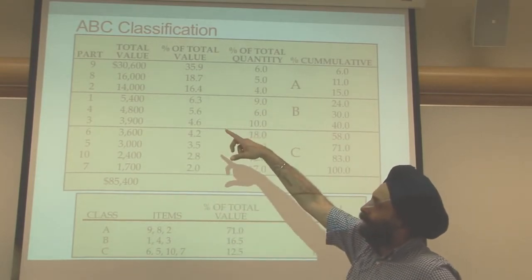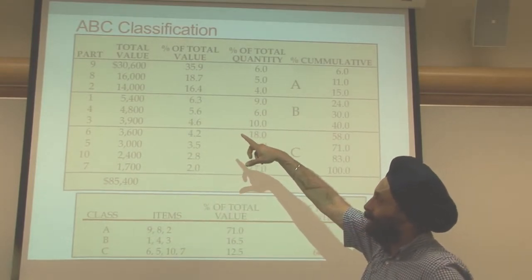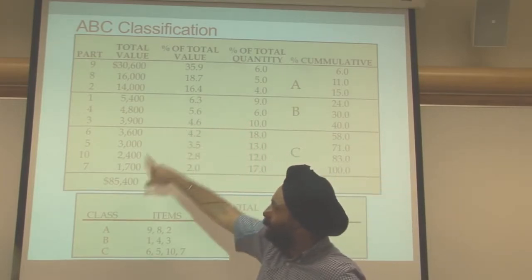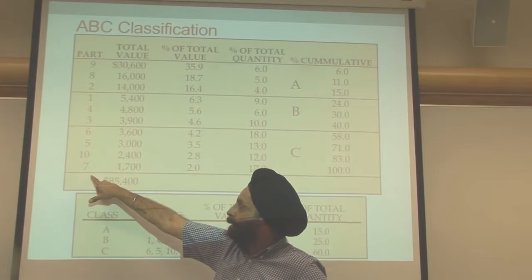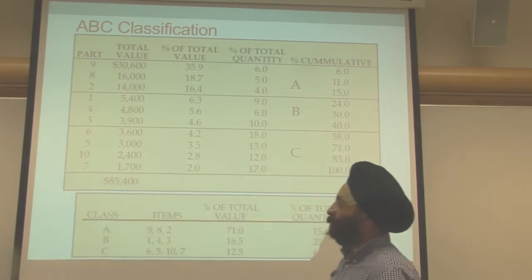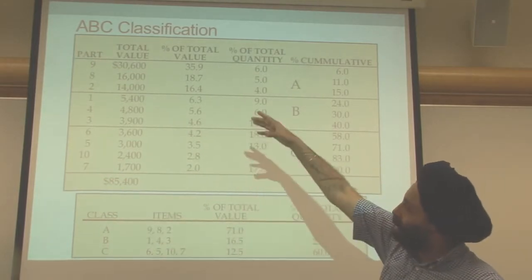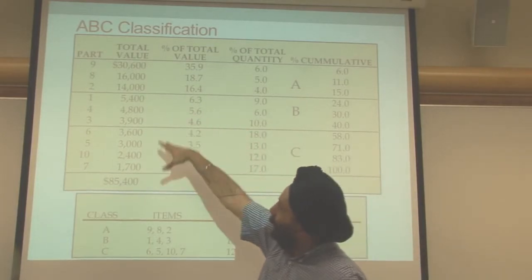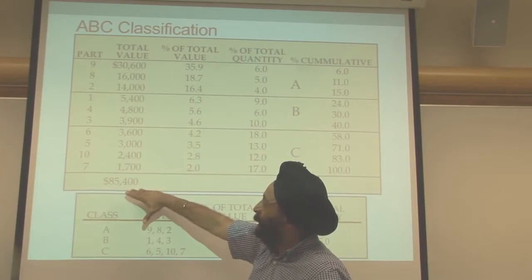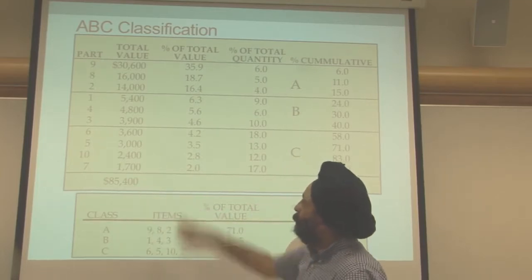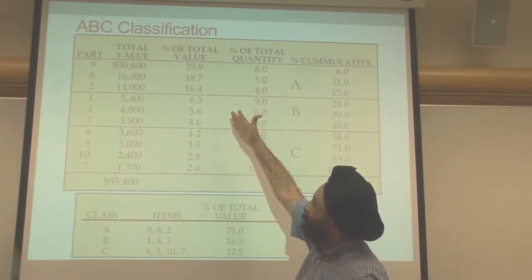Part number 9 has the maximum contribution, $30,600 out of $85,400, whereas part 7 has the least contribution to that number. If you take every single one of these values and divide it by 85,400, you can come up with the percentage of total value.